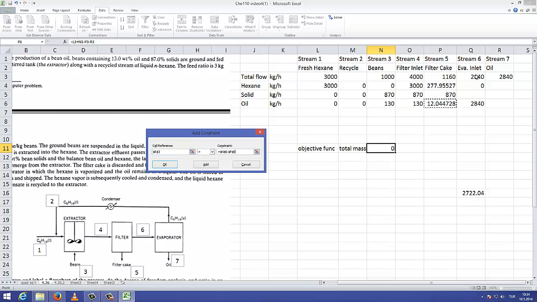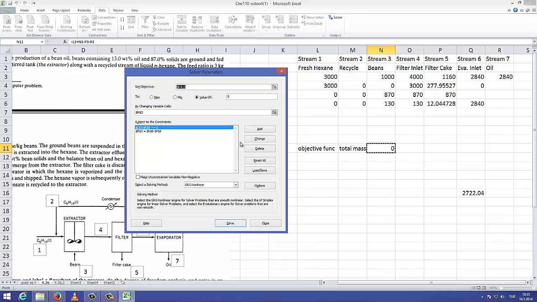By taking the difference of it, it's going to find the oil amount, and it's going to check if the oil amount found is equal to the difference that the oil comes in with the beans and is removed by the filter cake. So you can add your constraints, equations, inequalities, whatever. If you want something to be a constraint, you can make it a constraint. The problem is set that way. The solver is set that way.